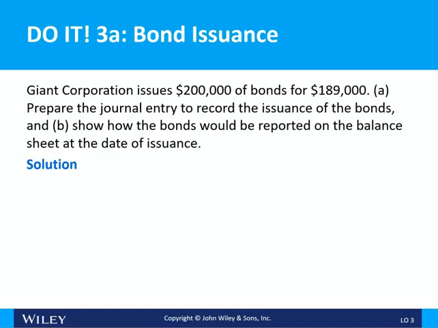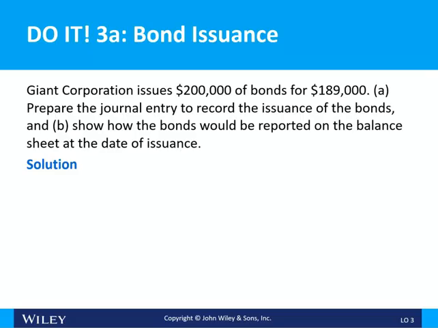So Giant Corporation issues $200,000 of bonds for $189,000. Prepare the journal entry to record the issuance of bonds and show how the bonds would be reported on the balance sheet at date of issuance. So if we sell $200,000 of bonds for $189,000, did we sell it at a premium or discount?